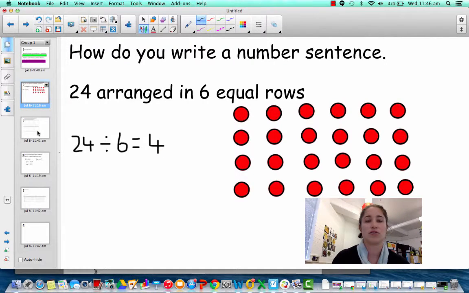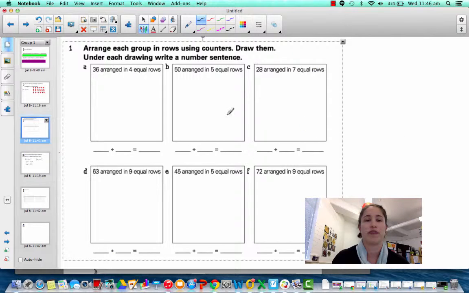What you're going to need to do is get the worksheet from up the front and do the same thing. So the first one here, it's asking you to get 36 arranged into 4 equal rows. So you'll need to get 36 counters to start with and you'll need to draw how that will look in the 4 rows. So how many will be in each row.